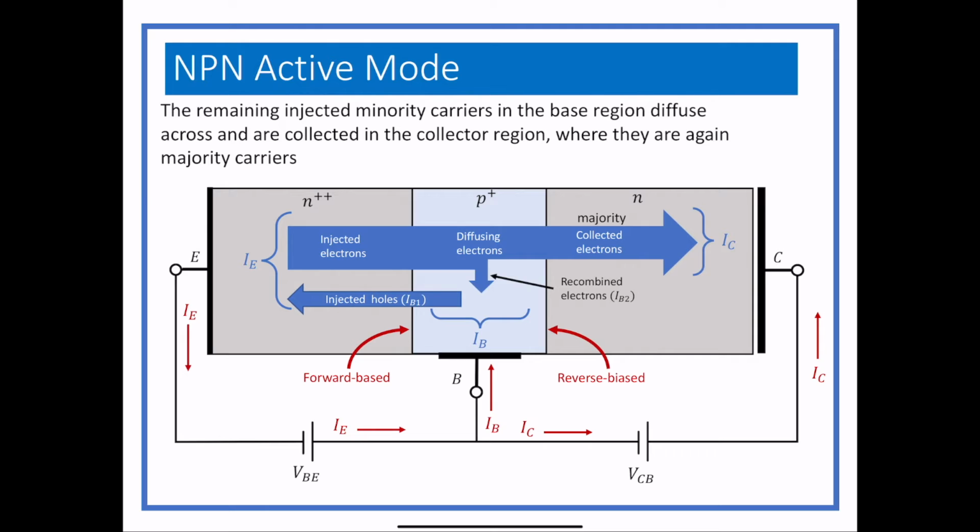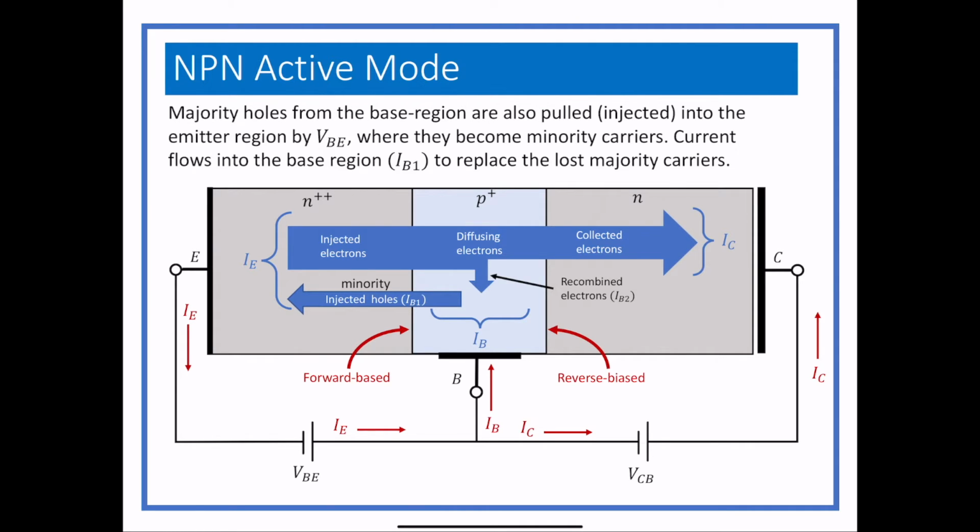The other thing that happens is that we have majority carriers in the base region, and they also are getting pulled into the emitter region because there's a positive charge kind of pushing them. So some few holes go over into the other region, and that makes up the other part of the base current. So the base current is two things.